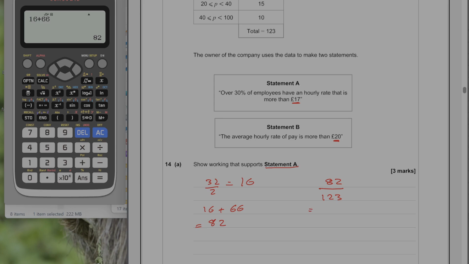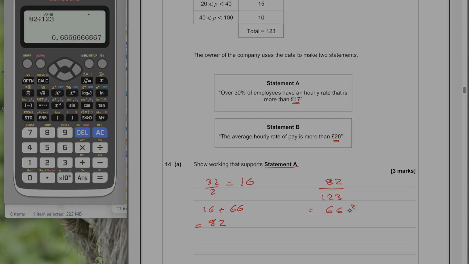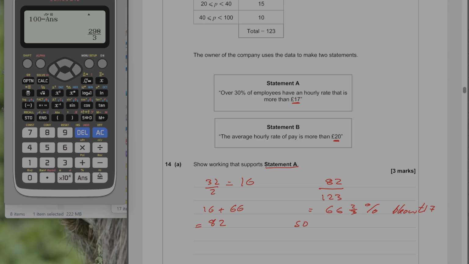So that's going to give us 82 divided by 123 is equal to 66 2/3%. Below 17. So 100 minus 66.